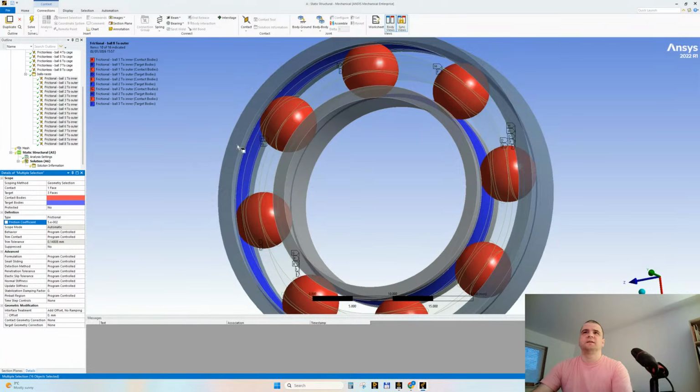Let's do it like this and see if the balls rotate. I will not change anything at this moment in the default settings.